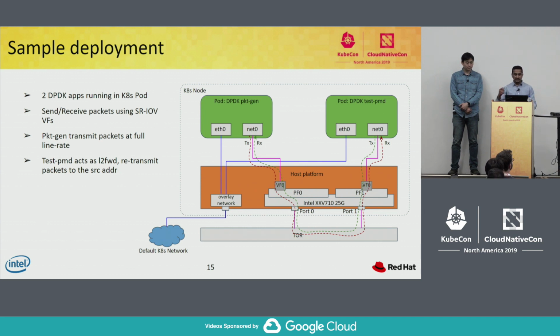Testpmd has a similar setup, getting another VF from the other port. The packet generator generates packets, and testpmd receives them, does a loopback, and transmits them back to the same port, where they are received by the packet generator. We want to see that we can achieve the full line rate from these applications.